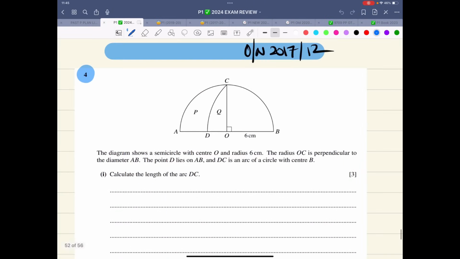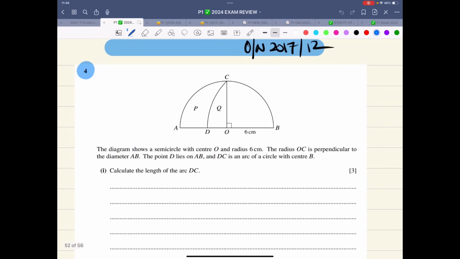So let me show you this working. The diagram shows a semicircle with center O and radius 6. That means OA is the radius, OB is the radius, OC is the radius, and OC is perpendicular to diameter AB.